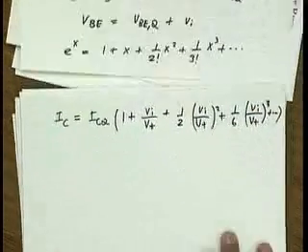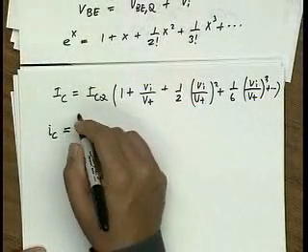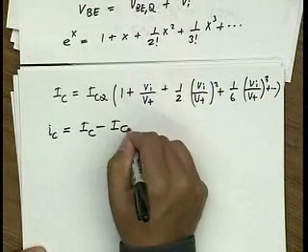Okay? So now the signal current is the output current minus the bias current.